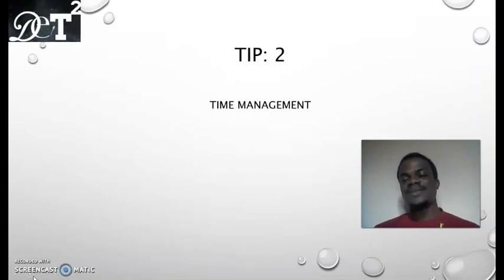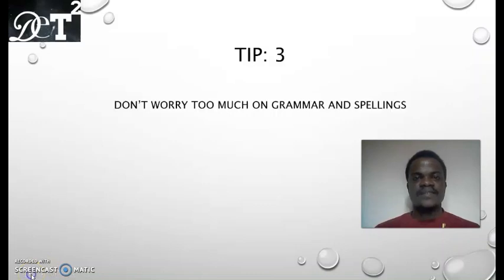In the OET, there won't be any time for you to replay or play back. Immediately the tape starts playing, the tape is moving towards the end of the exam. So there is no room for saying, 'Oh, I didn't get this. Please, can you replay that part?' No, no, no. You can't have that in the exam. So try as much as possible to manage your time effectively.